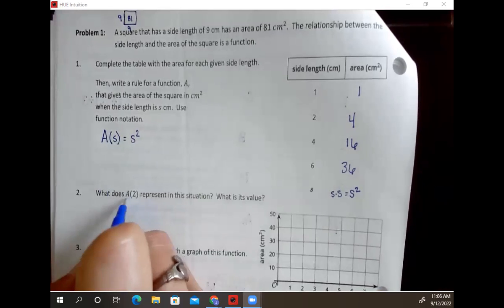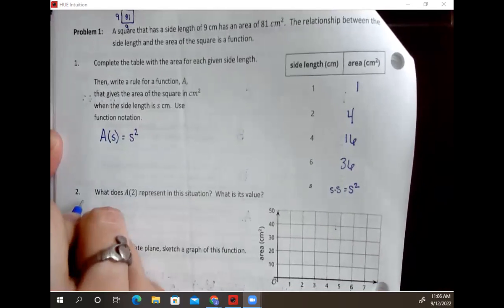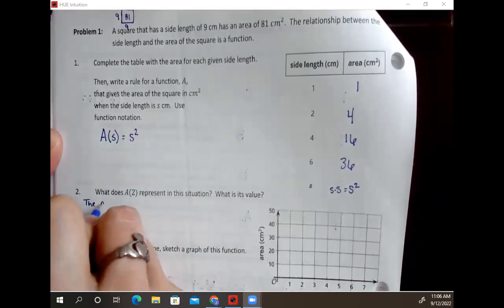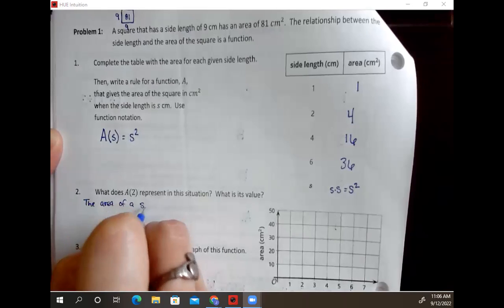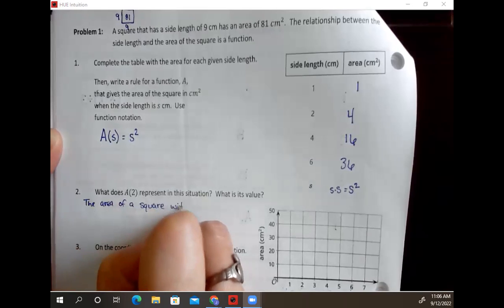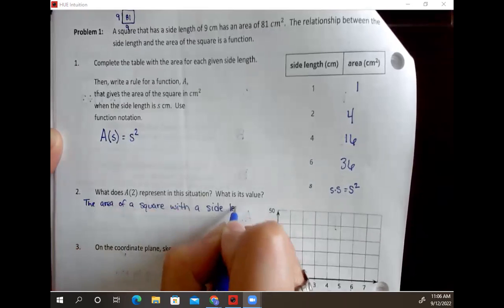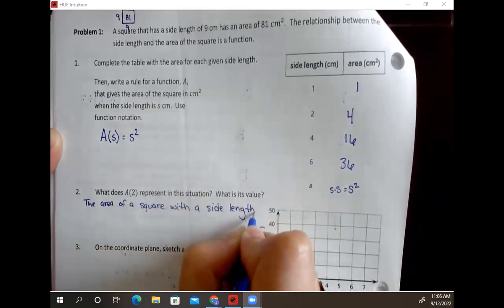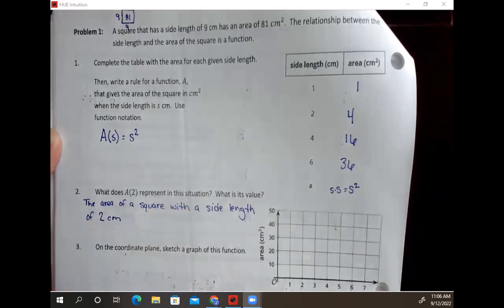And then what's the A part of this? The area, right? So what we're talking about here is the area of a square with a side length of 2 centimeters.